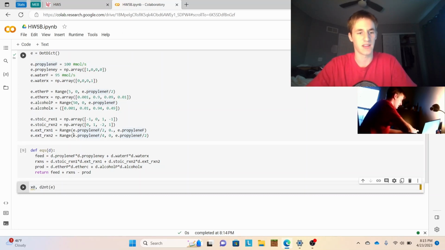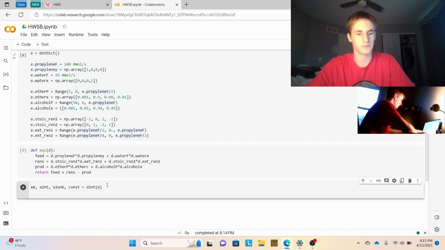So we have x naught, that's our initial guesses, or x to nt, our x to unknown, and our constants. So this will unpack all of our values here for our ranges, and then our constants are like our ether x, our known variables, right? And so we unpack that.